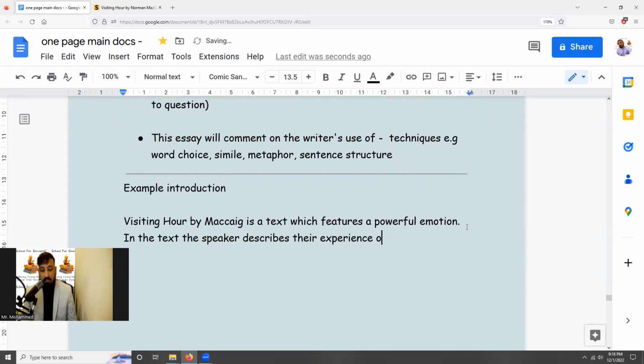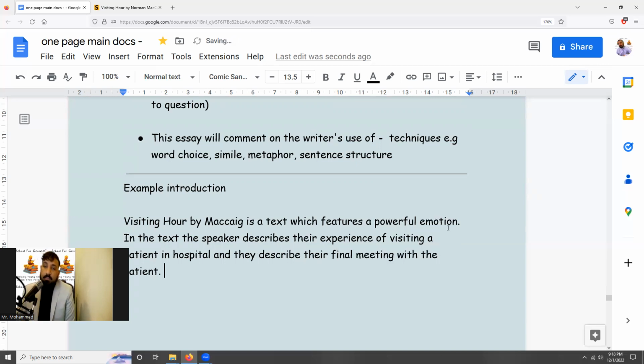Their experience of visiting a patient in hospital, and they describe their final meeting with the patient. Okay, so again, just a very simple summary.